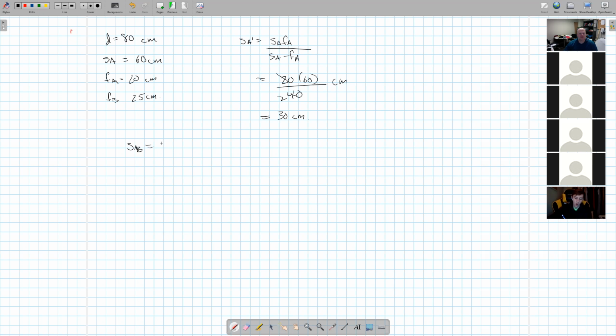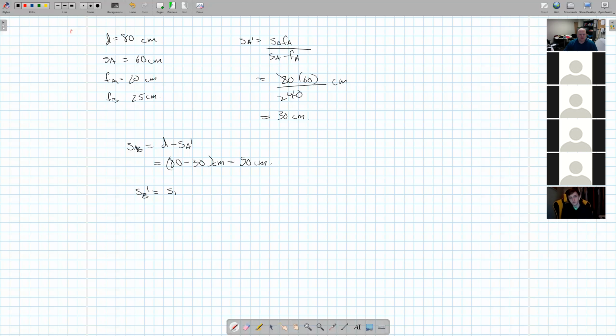SB is going to be equal to D minus SA prime. This is equal to 80 minus 30 centimeters, which is equal to 50 centimeters. So finally, from here, we can find SB prime.